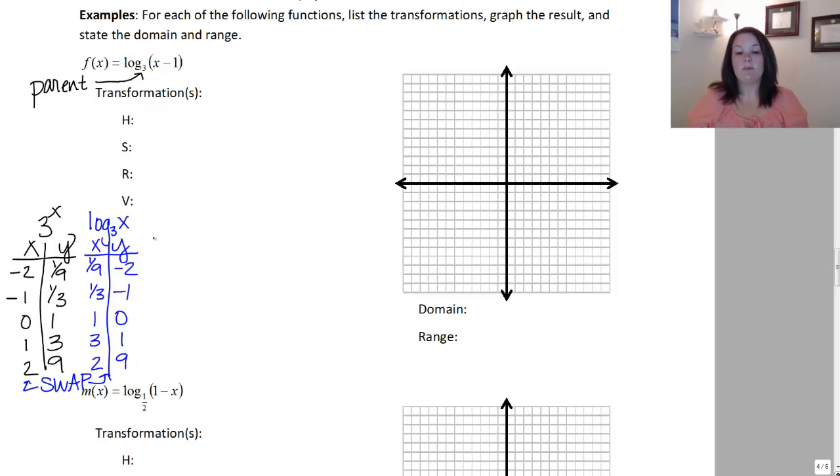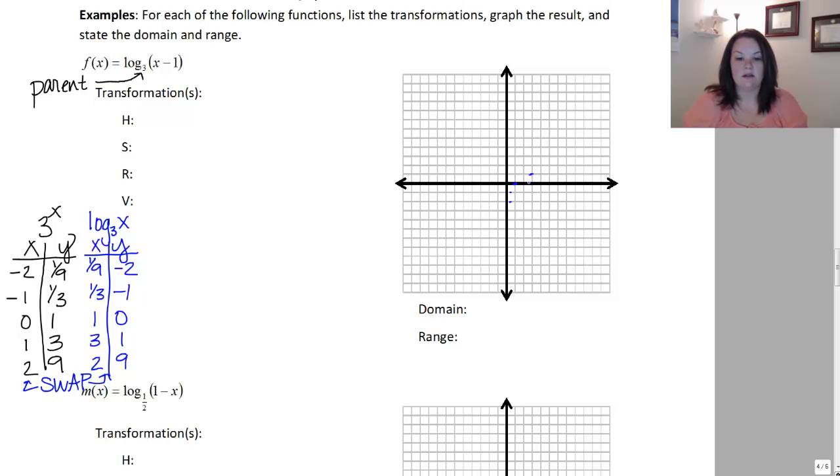So to see what my original log parent looks like, I'm going to graph it, and then we'll look at what transformations have happened. So at 1/9, I'm down at -2. At 1/3, I'm at -1. At 1, I'm at 0. At 3, I'm up at 1.